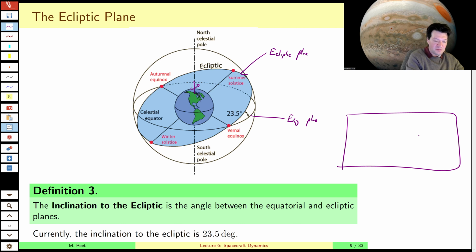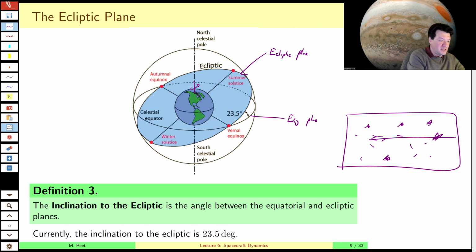Here are the stars in the sky. It's going to take a while to draw lots of stars. And here's the motion of the sun through those stars. Actually, it typically appears to move this direction. So there's our sun, and it's moving through the stars. And so that defines an obvious plane for us to use.